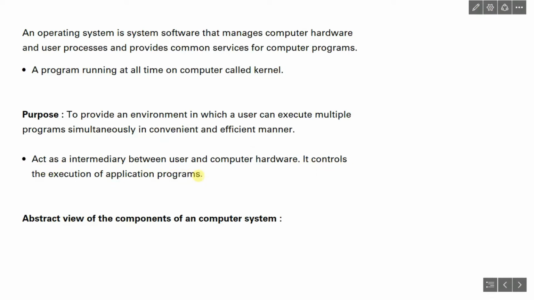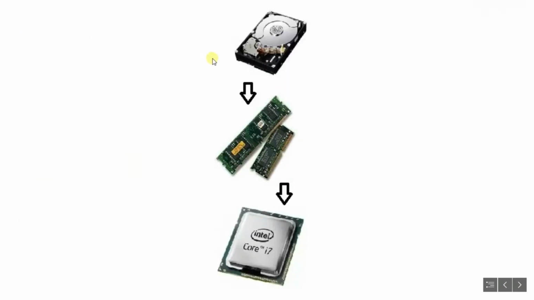So the first thing is, why do we need this operating system as an intermediary between user and computer hardware, right? Because there are multiple processes trying to execute at the same time. Now we know that all the programs and all the data are stored in a hard drive, and all the processes are executed in the CPU. But the problem is that the CPU doesn't have direct access to the hard drive.